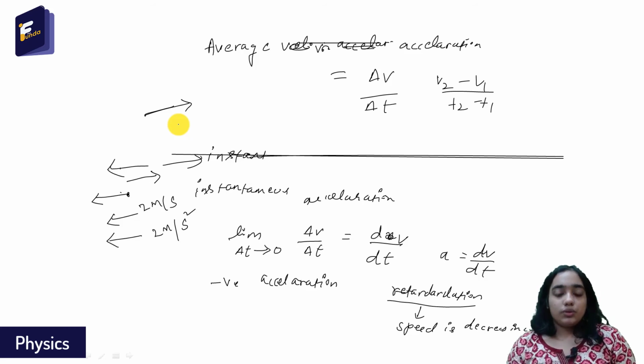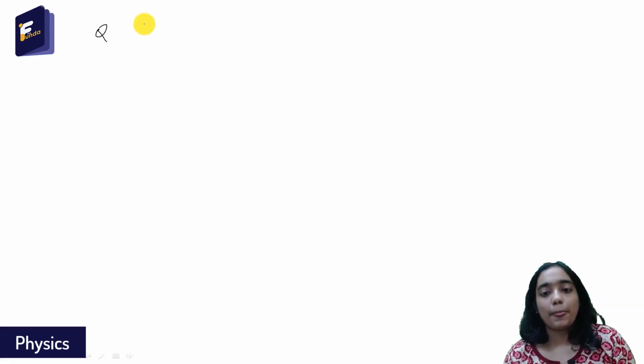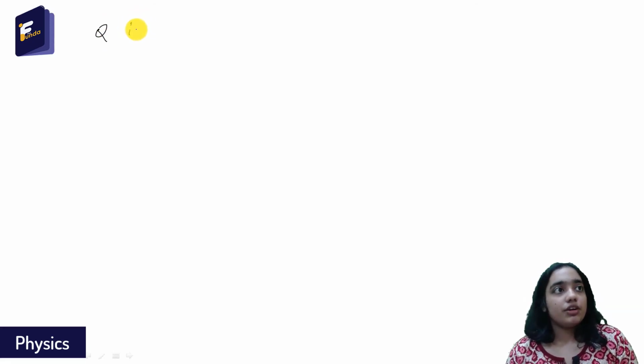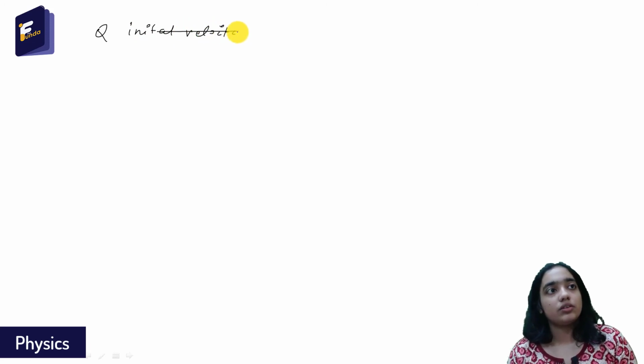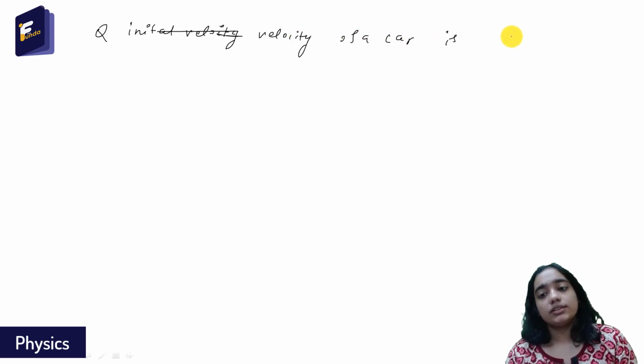So to get greater clarity, we will solve one question. The initial velocity of a car is minus 25 meter per second.